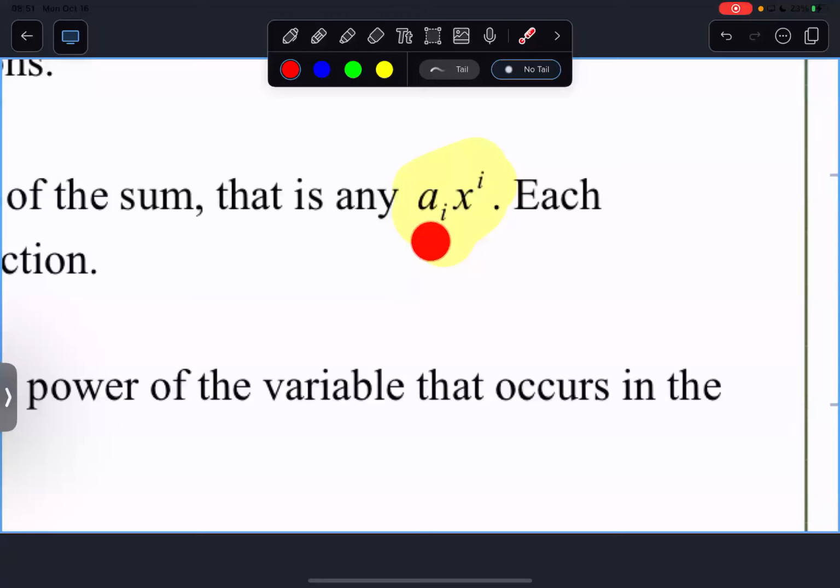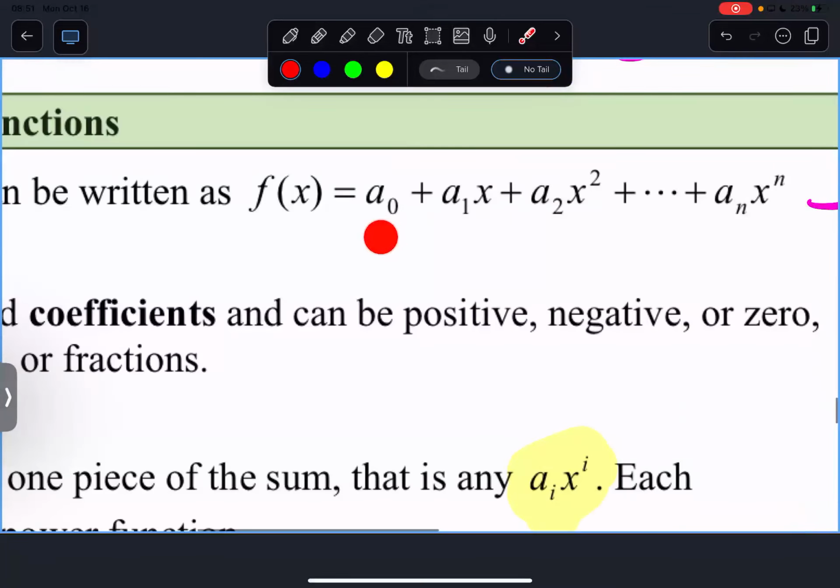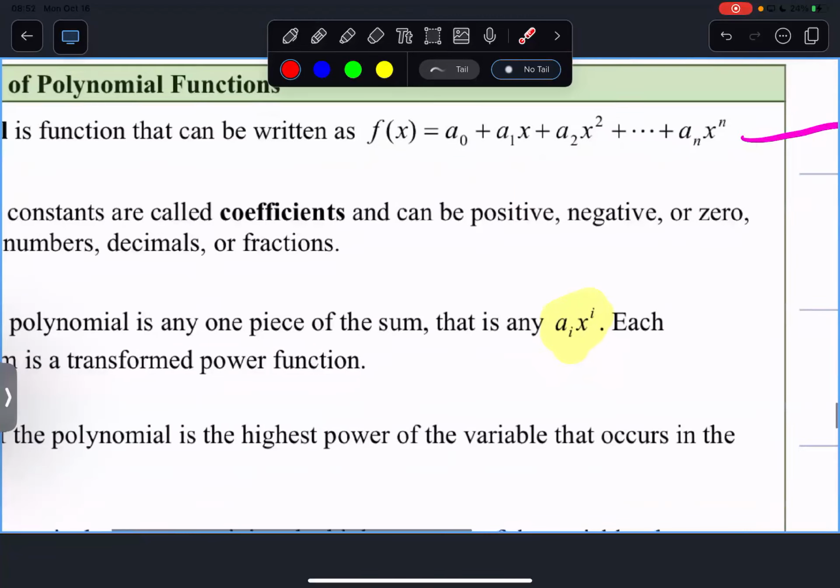A0 is linked to x to the power of 0. What's x to the power of 0? 1. Nice. Therefore, we just write A0 first, right? A subscript 0, A1 x to the power of 1, A2 x to the power of 2, and so on. An x to the power of n is just the general endpoint for an nth degree polynomial.